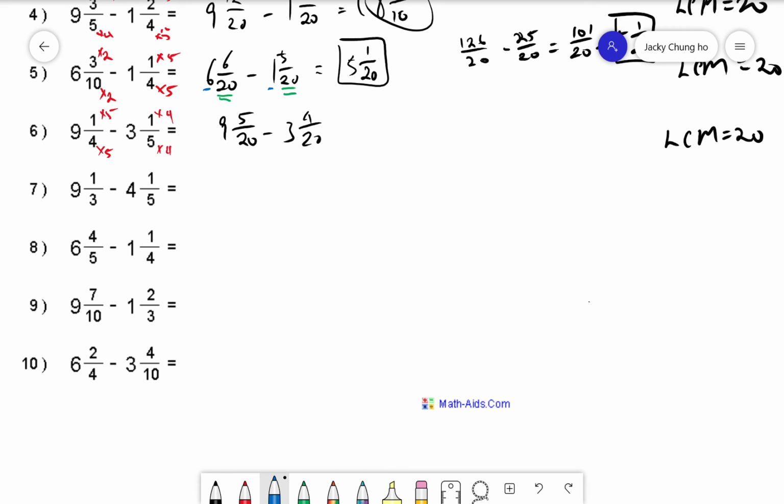If I only look at the fraction components of the mixed number, 5 over 20 minus 4 over 20, you can do a direct math on it. So maybe let's take care of that first. Let me underline the fraction part of it. You know that 5 over 20 minus 4 over 20 will give me 1 over 20. And then I'll take care of the whole numbers, which is 9 minus 3, which will give me 6.